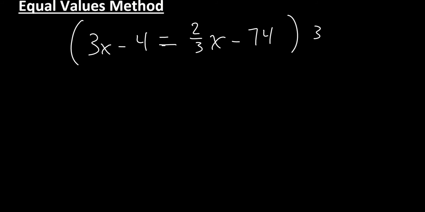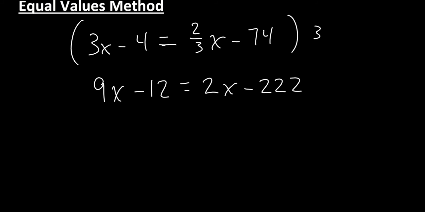So every single term on both the left and the right hand side is going to pick up a factor of 3. Over on the left hand side, I begin with a 9 times x, and then I have a minus 12. Both of those terms were multiplied by 3. And then I have 2/3 x times 3 is going to give me a 2x.